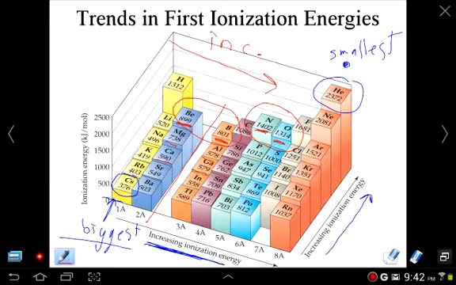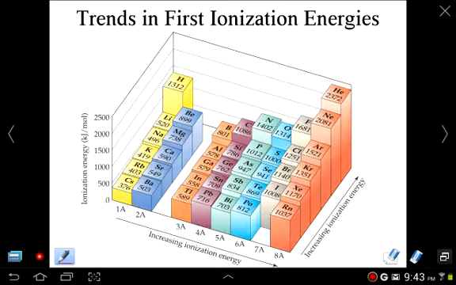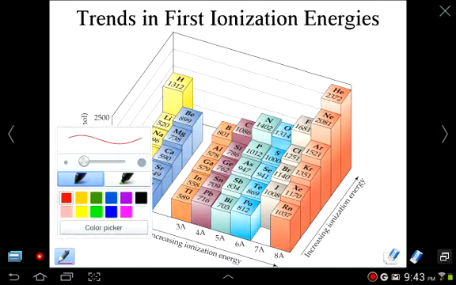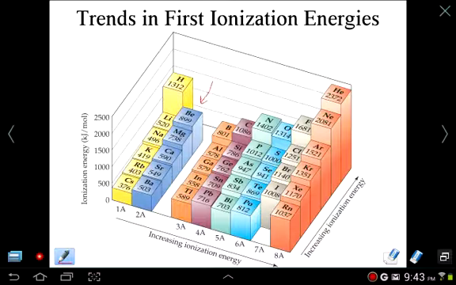The reason here is because we're going from the s subshell to the p subshell. Let me try it this way. This is your s, and this is your p.